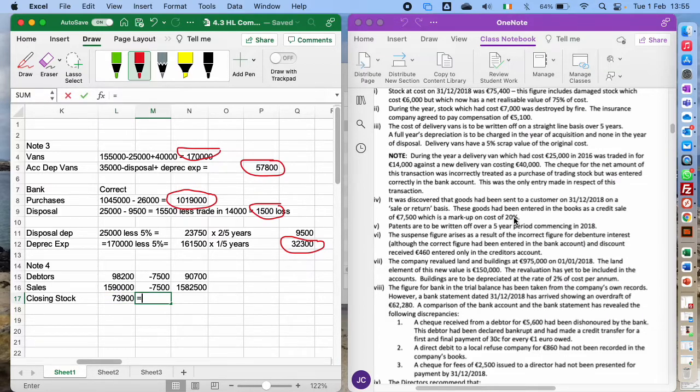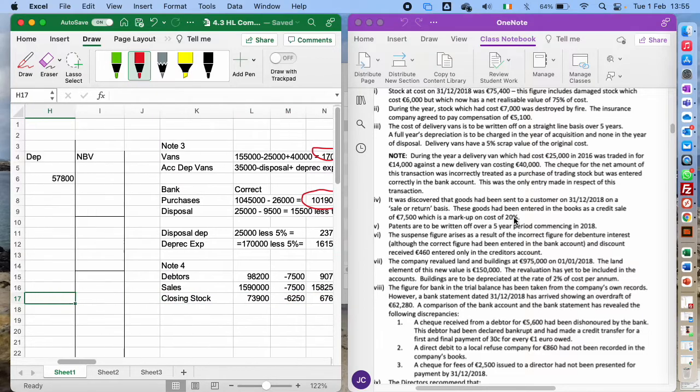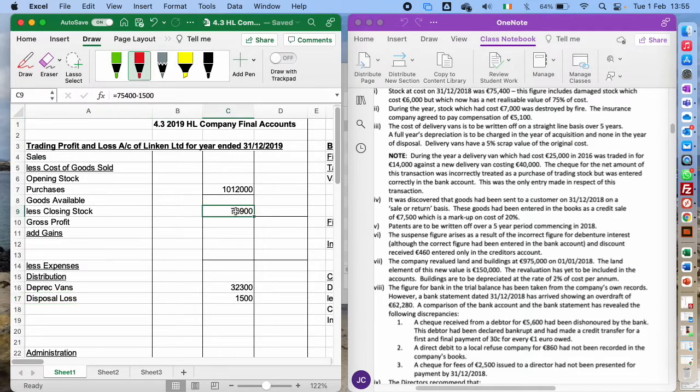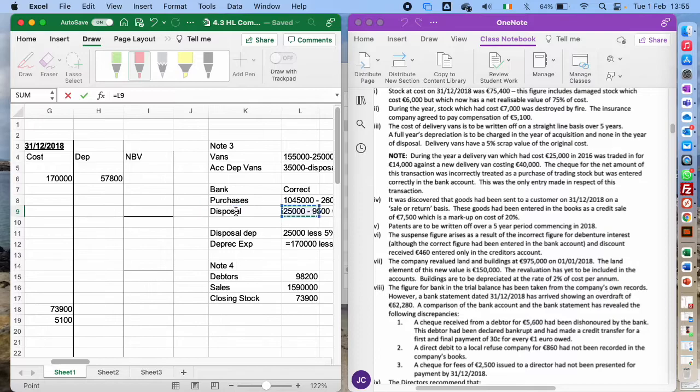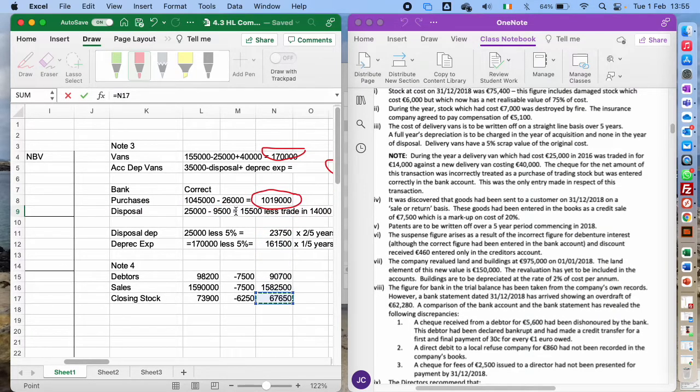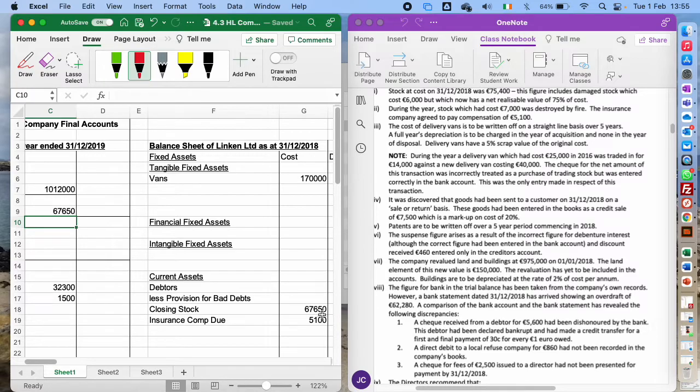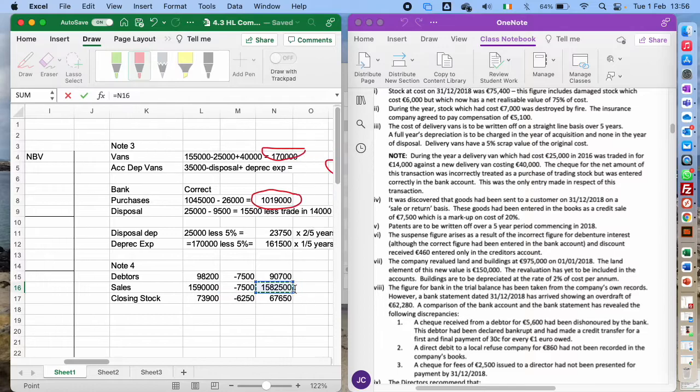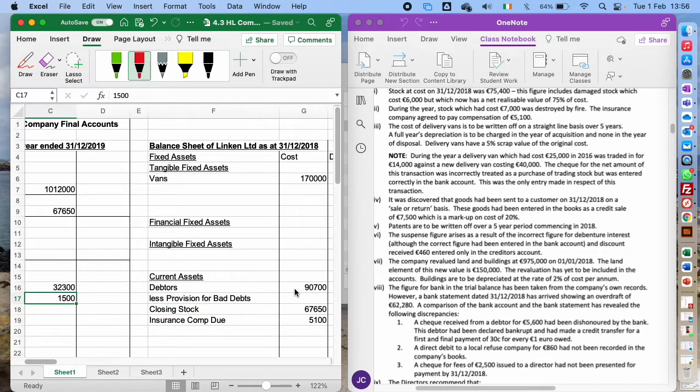Okay? So the number that goes there is going to be 7.5 divided by 1.2. And that's going to be my new closing stock figure. Okay? So I'm going to put the closing stock in here. And the same number ends up going in there. My debtors figure is going to be whatever I've worked out there, and I've now got my sales figure.